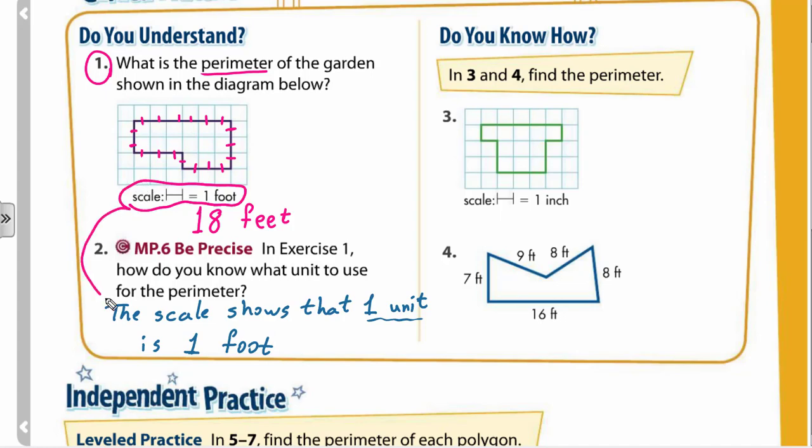That's what we have here. Any problems? Don't finish, I'm waiting. I'm asking if you don't understand or you don't know why we used this unit, feet, or why we are using 1 foot for each 1 unit.